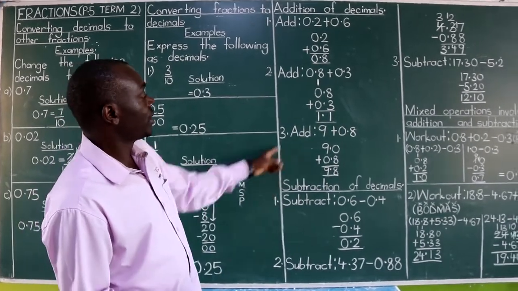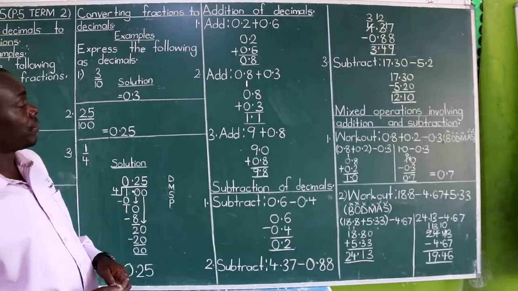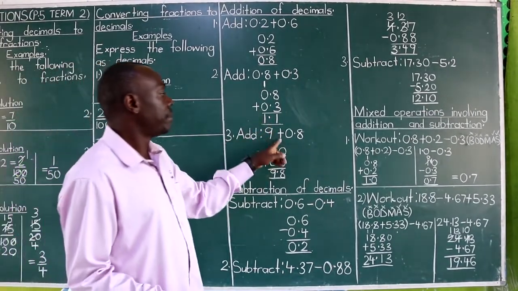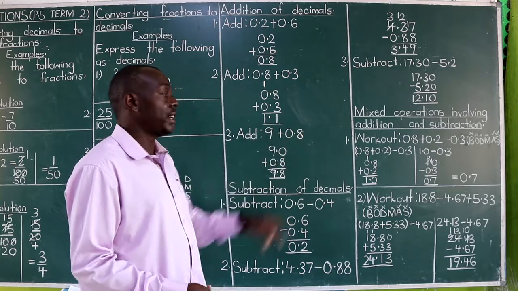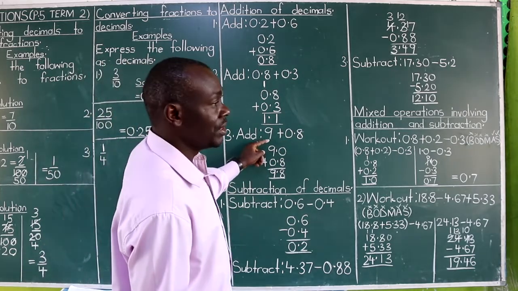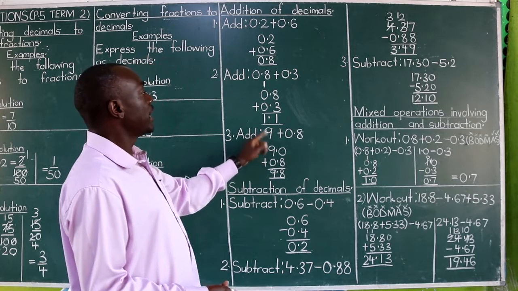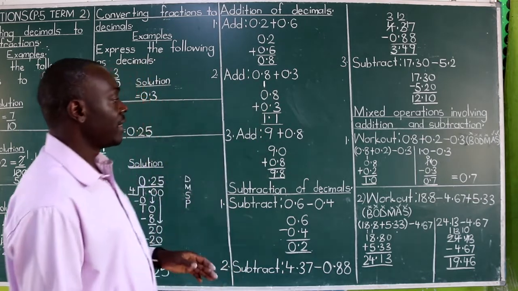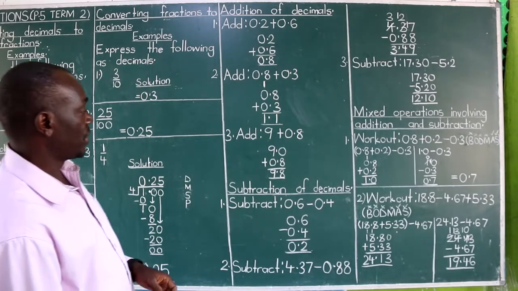As we look at the third example of addition of decimal fractions, that is add 9 plus 0.8. You must note that 9 is a whole number. Whole numbers are written on this side of the point, that is on the left hand side of the point.